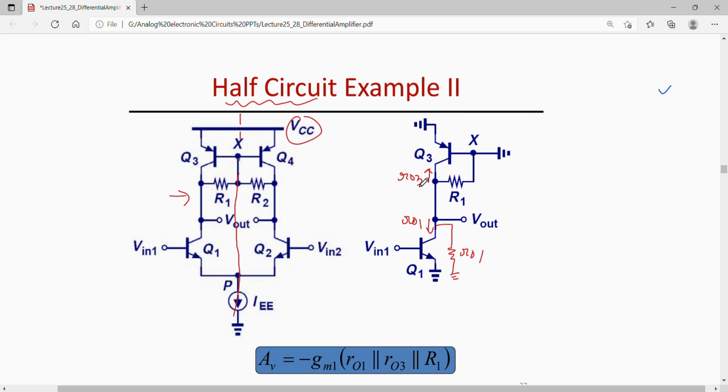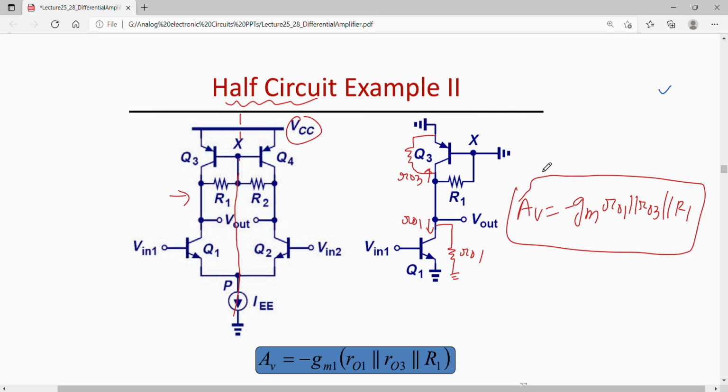So all resistances are in parallel, so one can write the gain as minus GM times RO1 parallel to RO3 parallel to R1. So the gain of this half circuit is this much, which is also the gain of this full circuit, considering that these two transistors are identical.